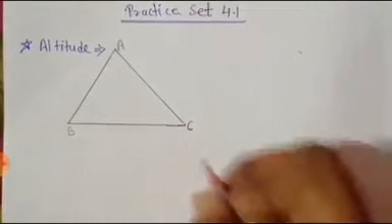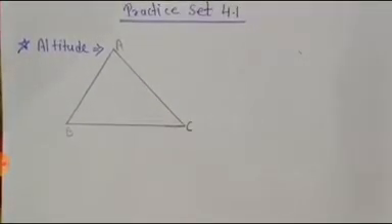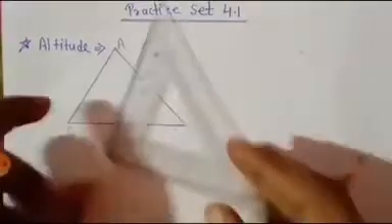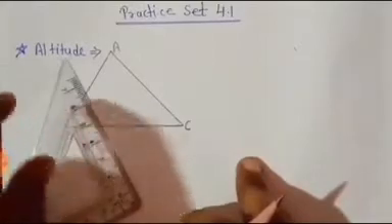If we want to draw the altitude of this triangle, we will use the set square. You people know the set square. This is called a set square. How to adjust the set square on our triangle?